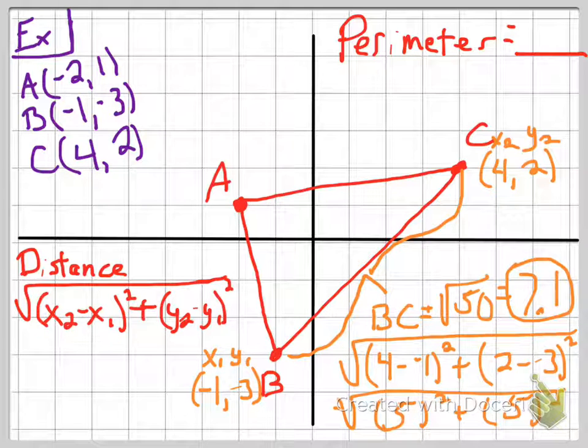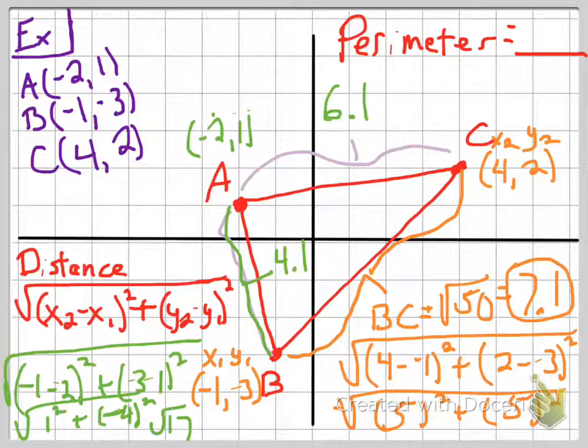I could find the length of AC by doing the exact same thing. Then I can find the length of AB, which is right here, and do the exact same thing. And once I get the lengths of all 3 sides, I could have the perimeter.